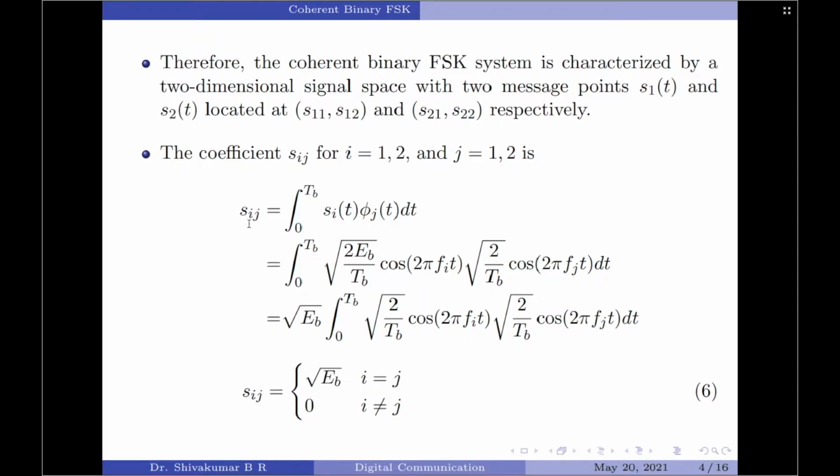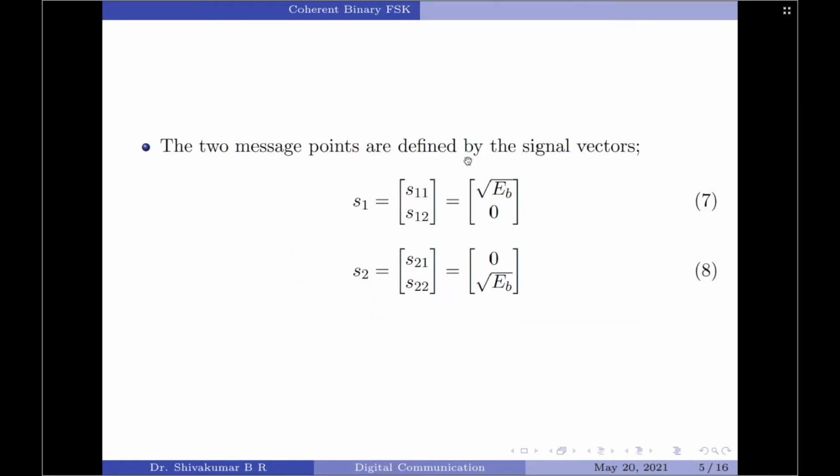So, when i equals j, Sij reduces to root of Eb, and when i is not equal to j, Sij reduces to 0. Therefore, we can write S11 and S22 as square root of Eb, whereas S12 and S21 will be 0. I have written this in equations 7 and 8 representing the signal vectors S1 and S2.